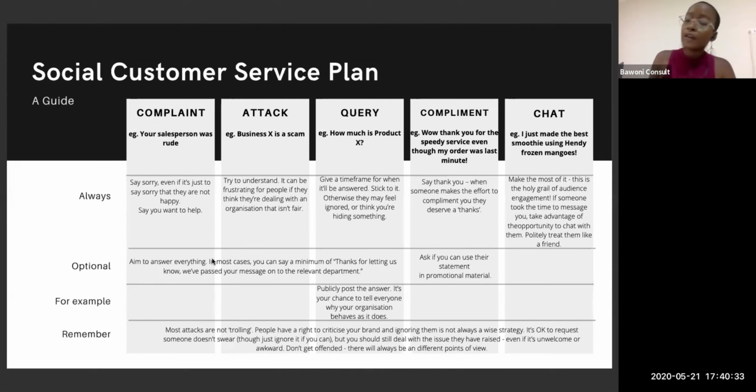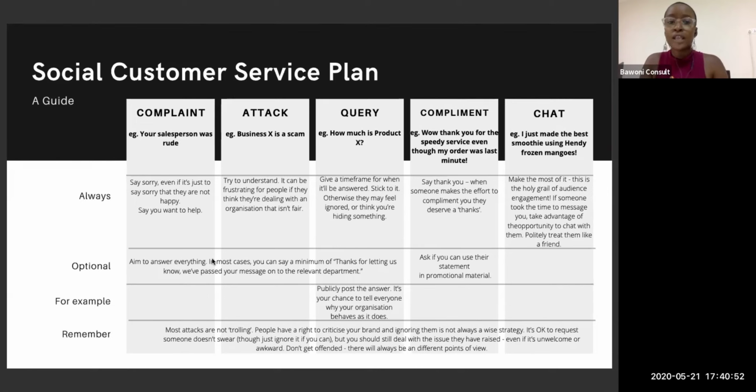So when you take it offline, then you come back online and basically say, thank you for reaching out to us, and we appreciate that you told us about your experience, and we hope that we were able to resolve this in a way that you're happy with. And then other spectators can see that you resolved the issue and you didn't leave the customer hanging.